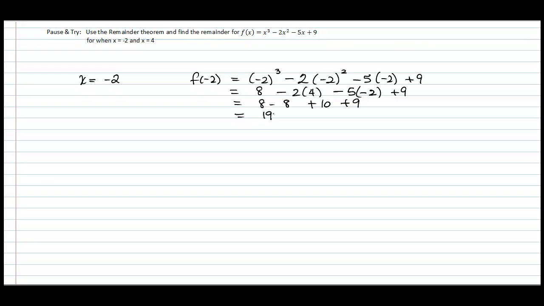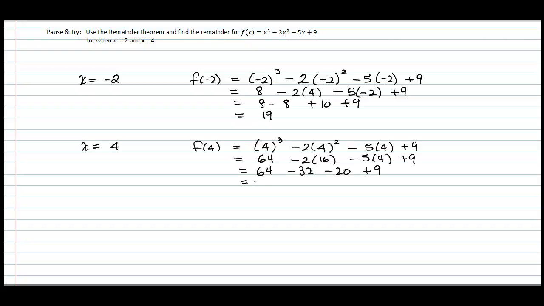My remainder for f of negative 2 is 19, so 19 would be the remainder, so that means that the quantity x plus 2 would not go into the function evenly. And let's evaluate the function at positive 4. And that would give me a remainder of 21 for f of 4. And that would mean that x minus 4 would not go into the function evenly.